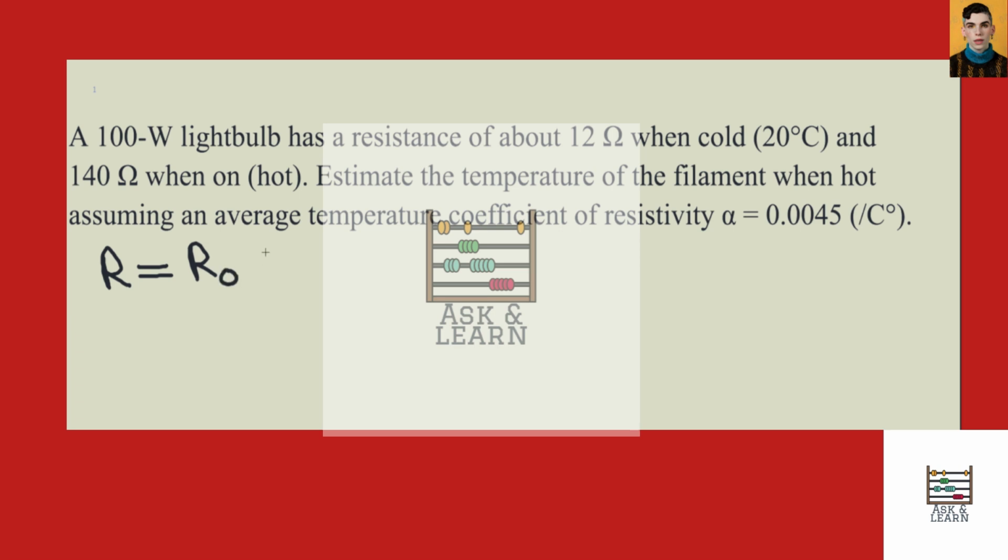So the resistance is equal to the resistance at initial temperature, R0, multiplied by 1 plus alpha, the coefficient, times the change in temperature, delta T. We're going to quickly rearrange that because we need to find the temperature.